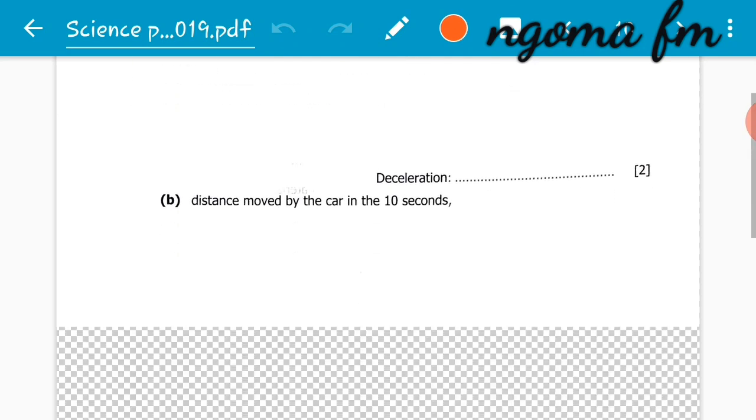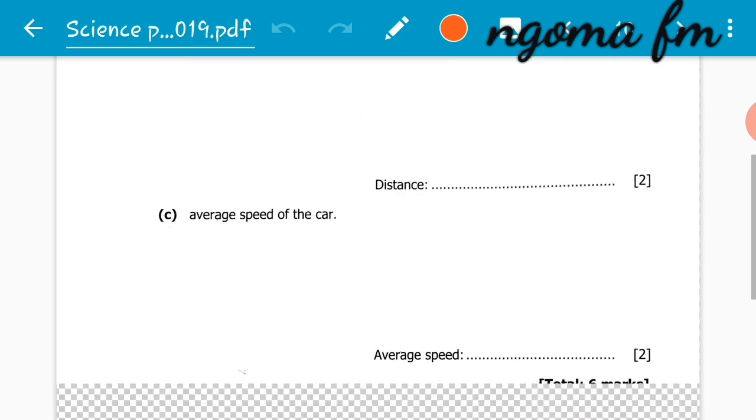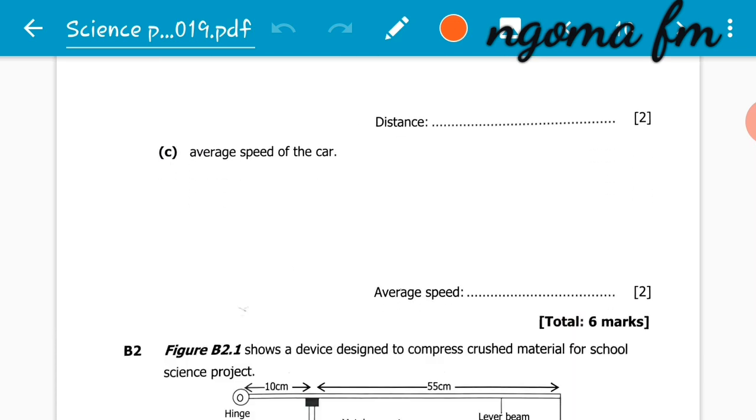And C, the average speed of the car. C brings us to the end of this question. Remember, we're supposed to answer these questions in the spaces provided.